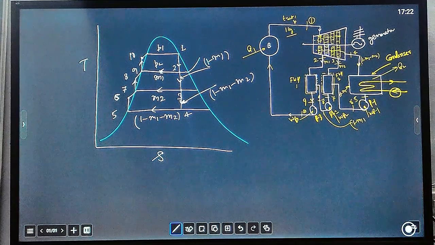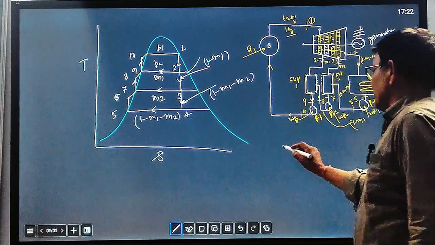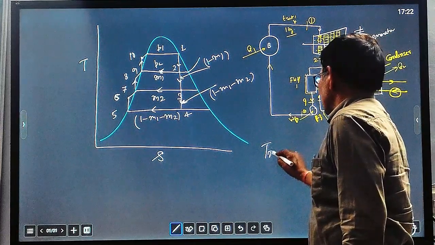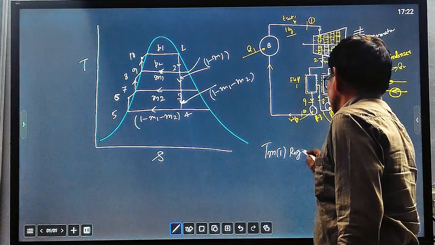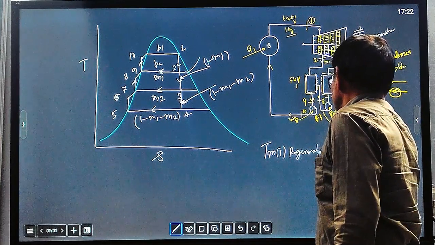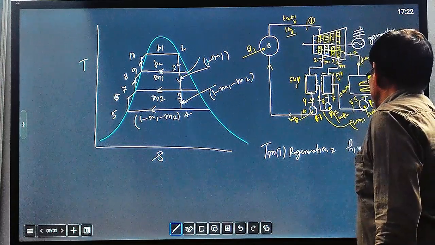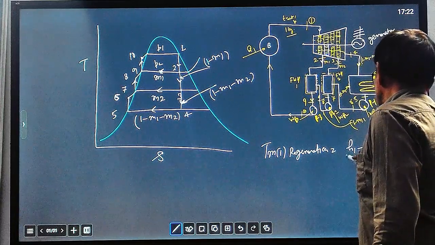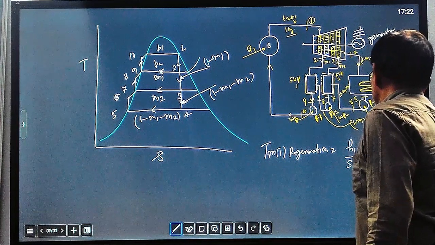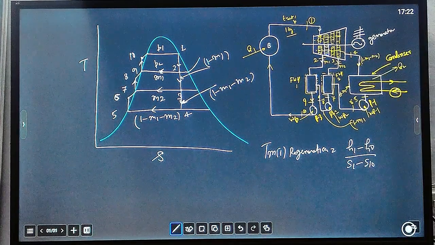And from the formula we can also define the mean temperature of regeneration. So T mean regeneration equals H1 minus H10 upon S1 minus S10.